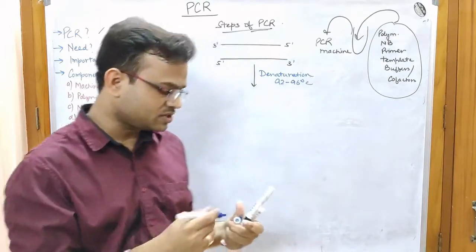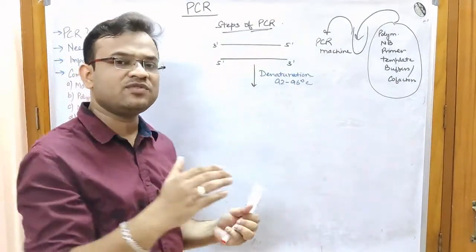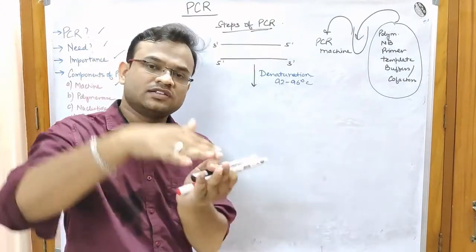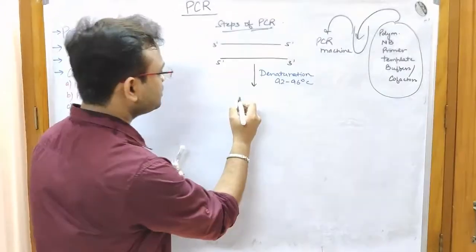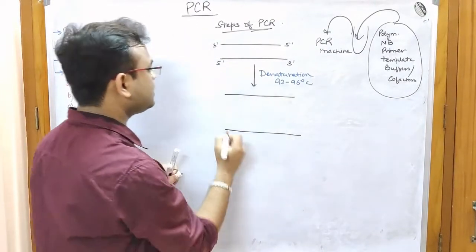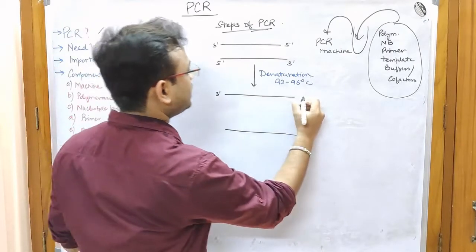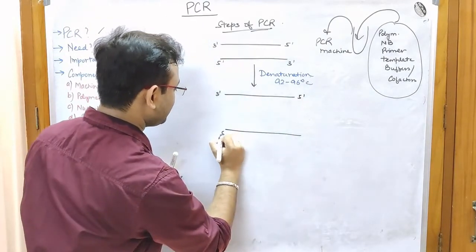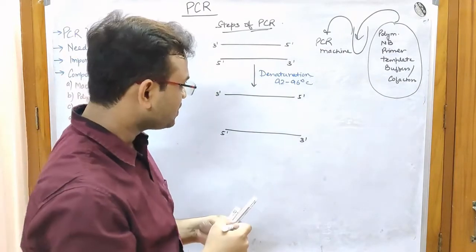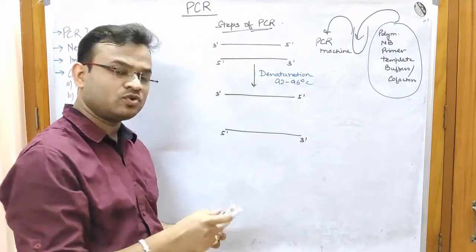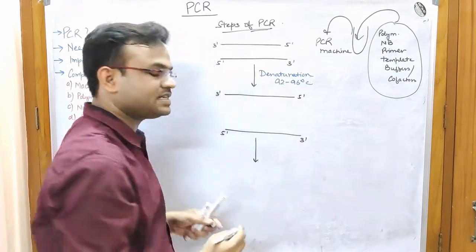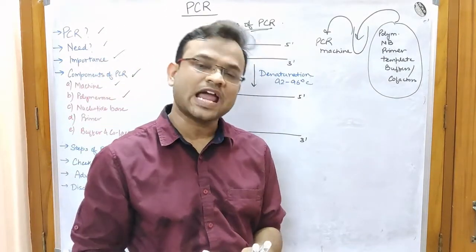What happens in denaturation? These two strands that previously were stacked together, that previously were hydrogen bonded together, will separate. So now these two strands would separate. This is again 3' to 5'. This is again 5' to 3', right? So denaturation has occurred. Now what will happen? You have to go for the next step. You would have to go for primer annealing.